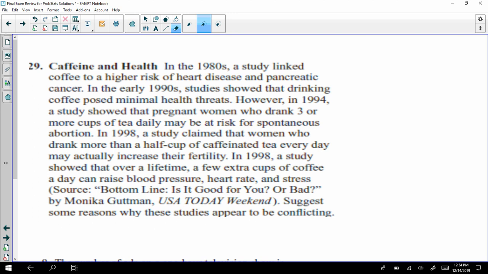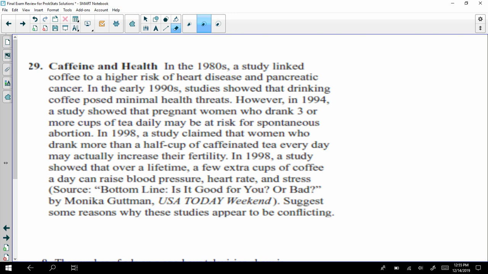In 1998, a study claimed that women who drank more than half a cup of caffeinated tea every day may actually increase their fertility. In 1998, a study showed that over a lifetime, a few extra cups of coffee a day can raise blood pressure, heart rate, and stress. Bottom line, is it good for you or bad? Suggest some reasons why these studies appear to be conflicting.